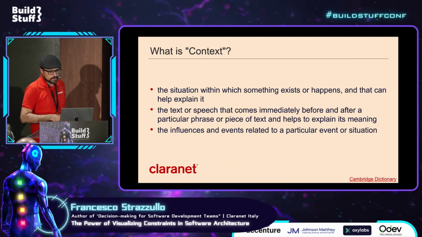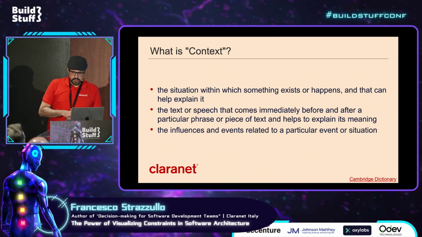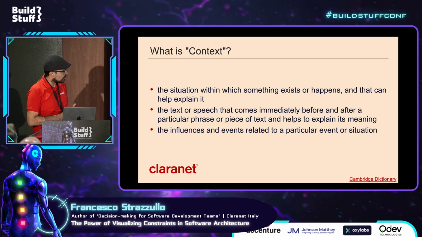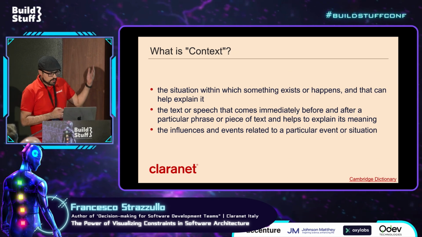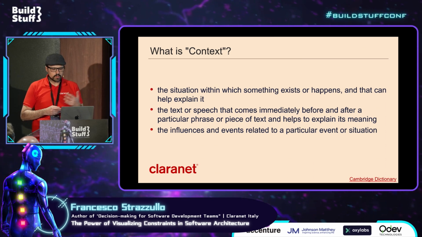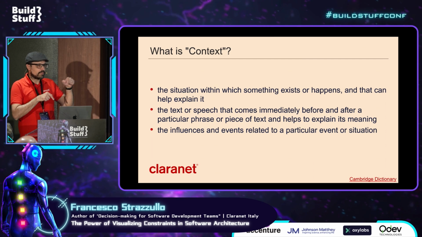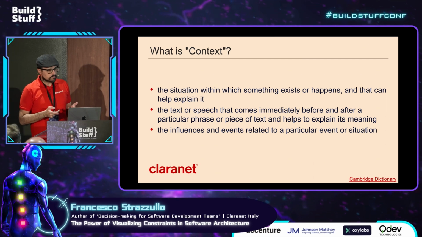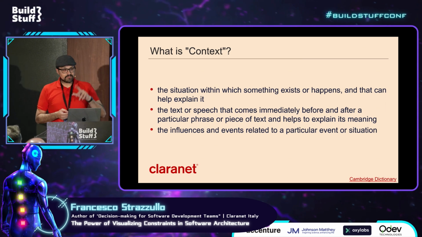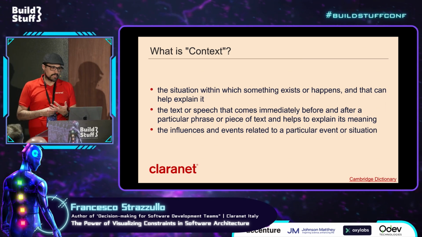So let's start with the definition of context from the Cambridge Dictionary. You can take whatever dictionary you want. We have three main definitions of context. The first one is the situation within which something exists or happens, and that can help explain it. The second: the text or the speech that comes immediately before and after a particular phrase or piece of text that helps to explain its meaning.